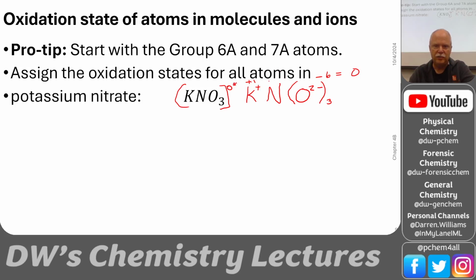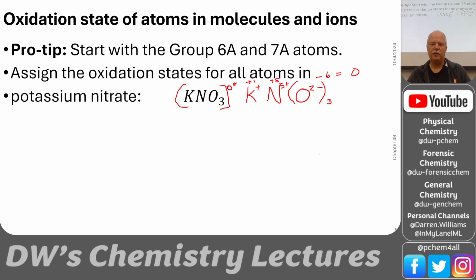So +1, and I've got to have something else right here. What does the nitrogen have to be? +5. So this is going to be a 5+ on the nitrogen. For some reason, when we write them on the elements, we put the 5 in front, so it's 5 positive charges. 1 positive charge for the potassium and 2 negative charges for each of the oxygens, and there's 3 of those. So those are the oxidation numbers for the potassium, the nitrogen, and the oxygen.